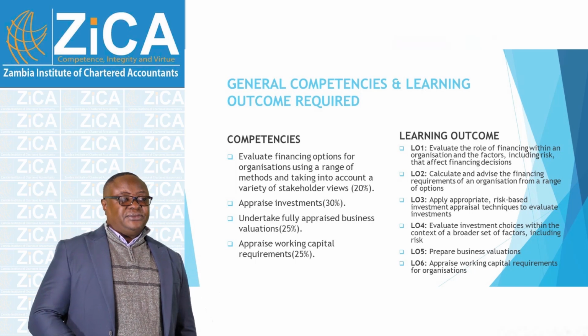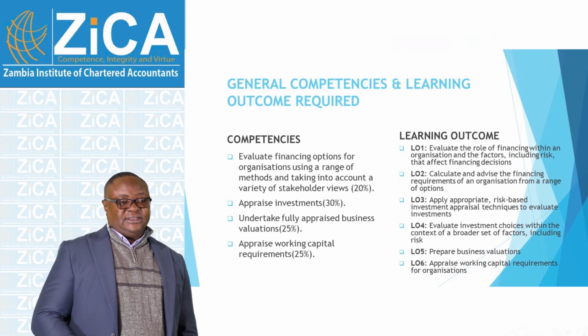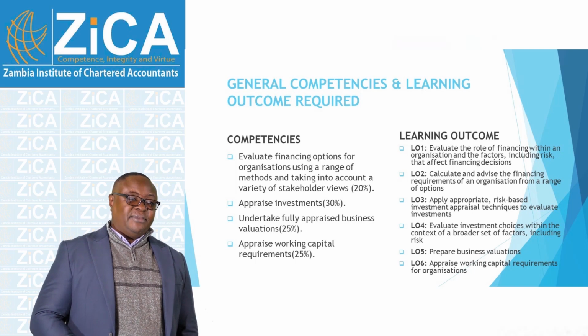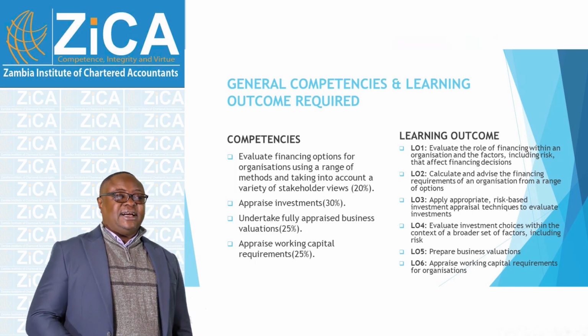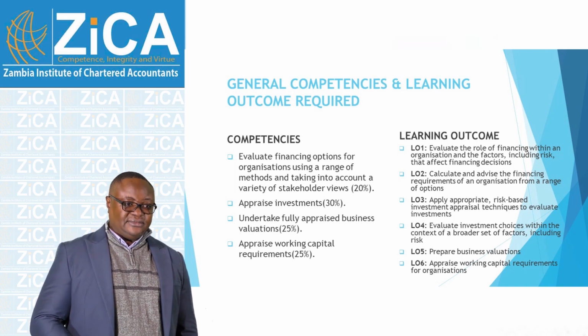Learning outcome number 2 is to calculate and advise on the financing requirements of an organization from a range of options. So you can see that numbers 1 and 2 address the issue of financing decisions.